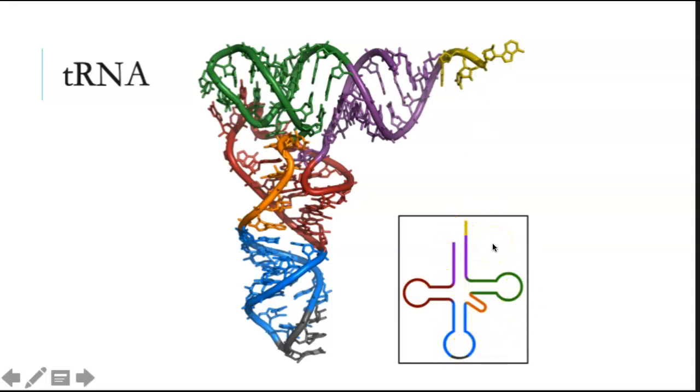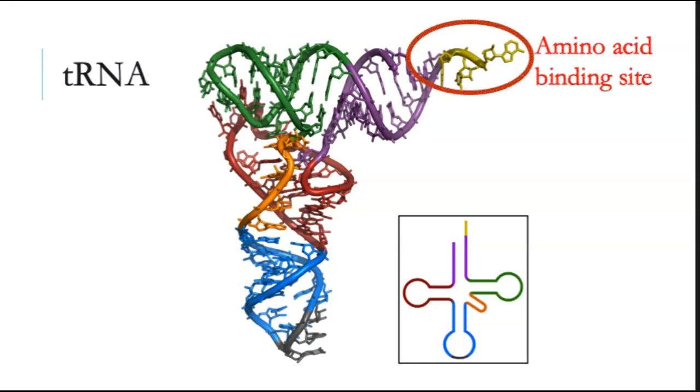But there are 2 parts that are going to be really, really important. One of them is the amino acid binding site. So there are a ton of different tRNA molecules, and each one has this binding site up at the end. So up here, it can actually bind to a specific amino acid, which are, again, the monomers of proteins. The other important part of tRNA is a part down here called the anticodon.